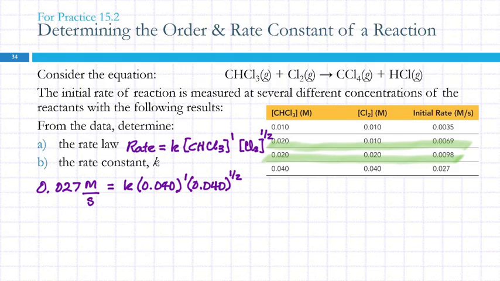So on the left, I have 0.027. On the right, I have K. We're going to call K X today. X times 0.04. The 0 at the end is a significant figure, but the calculator doesn't care.